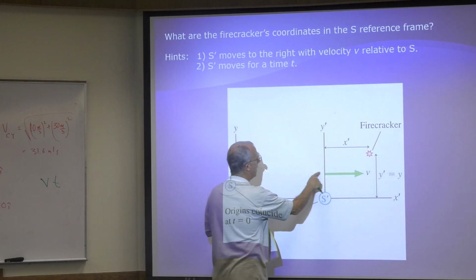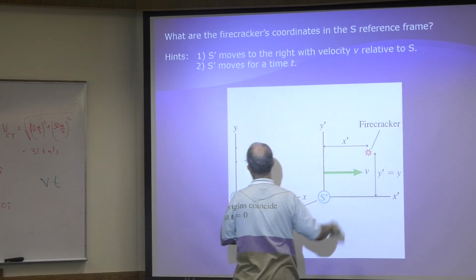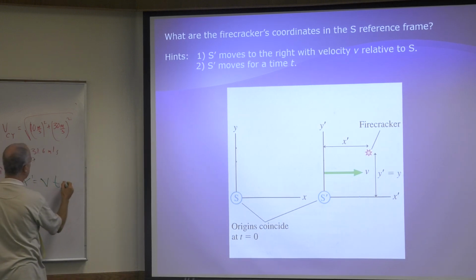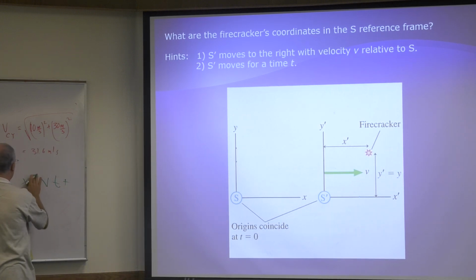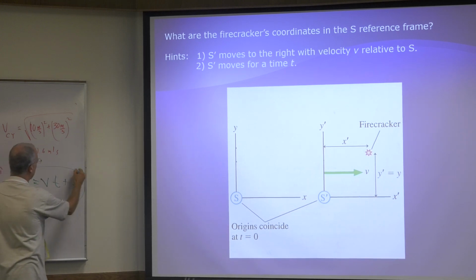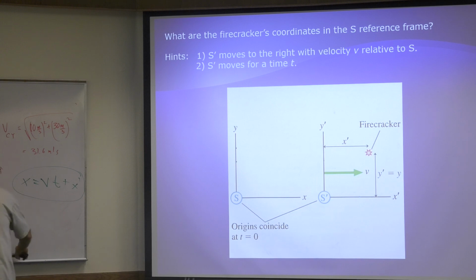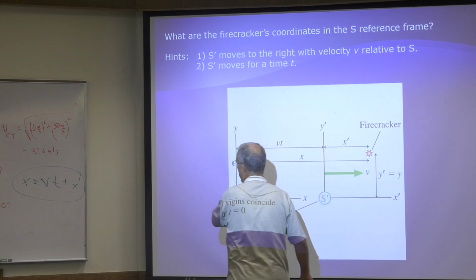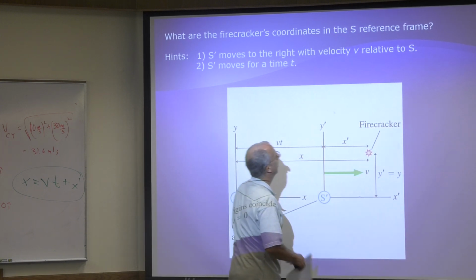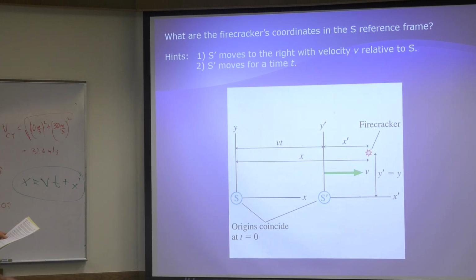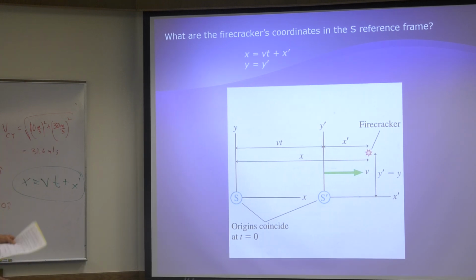Well, this distance is vt, and this distance is x prime. So x equals vt plus x prime. Okay, awesome. That makes good sense. And we don't worry about z.